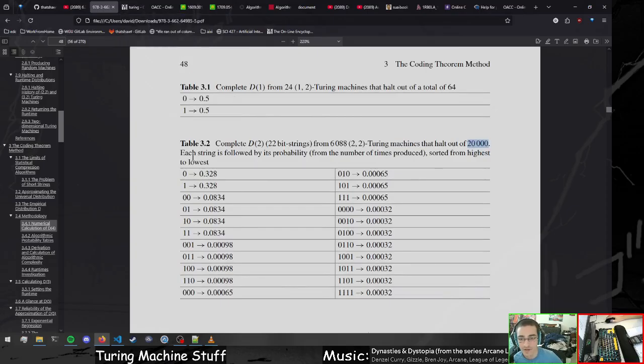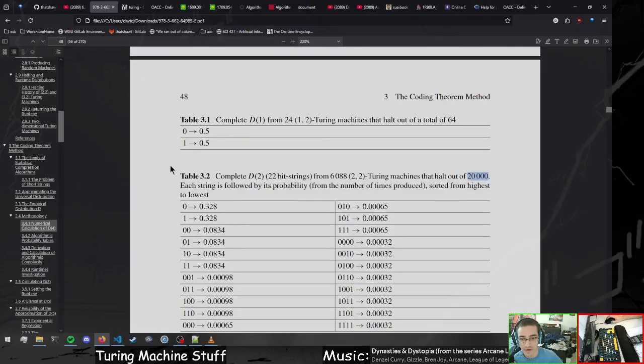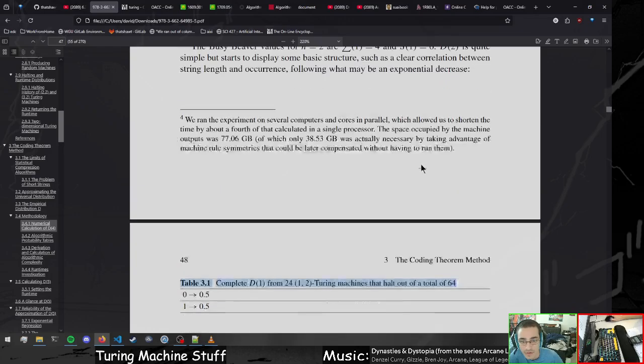Is this... What? This is not correct. Is this correct? I don't understand. I do not understand. Maybe they do like a reduced amount.